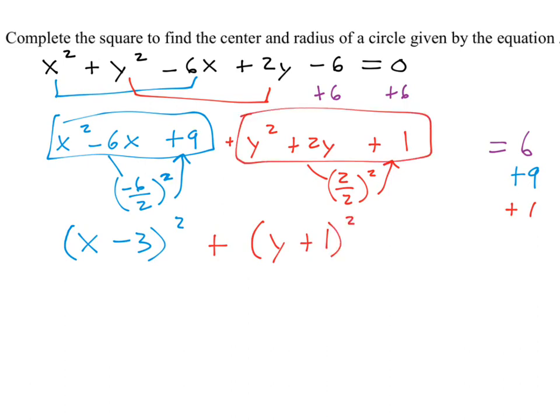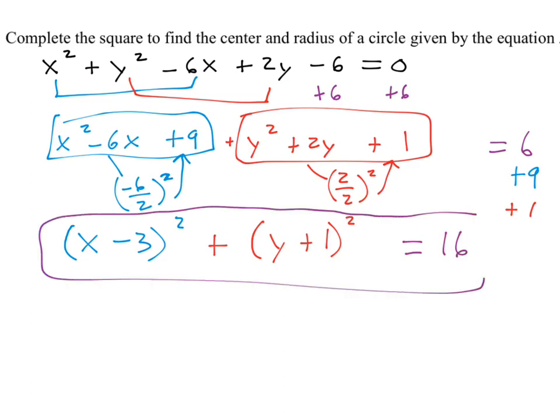Again, that's this turned into a binomial squared. And then we are going to simplify the right side here. 6 plus 9 plus 1 is going to give us 16. And we're done. We did it. We got it to look like the format we want for our equation of a circle.